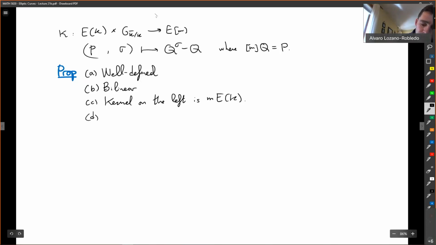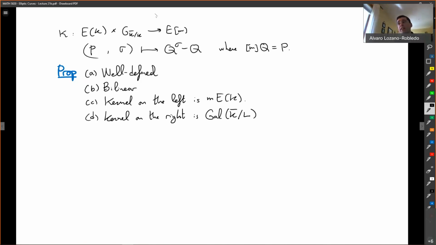And the kernel on the right is a subgroup of the Galois group, which is automorphisms that fix L. Here, L is going to appear a lot, so we're just going to call it L.